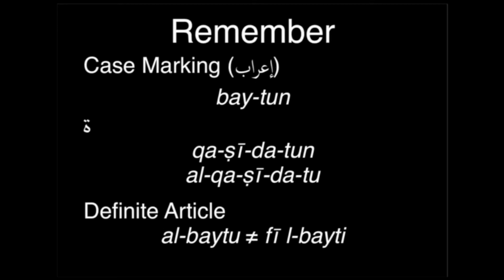Its pausal form is qasida, 3 syllables, but in classical Arabic, when we have case marking, we read it as qasidatun, which gives us 4 syllables, or al-qasidatu, which again is 5 syllables because you added the definite article. And as I said before, you need to be aware that the definite article changes depending on where it is in the phrase. So you might say al-baytu, but you would always say fil bayti. We're never saying fi al-bayti. It's always fil bayti.